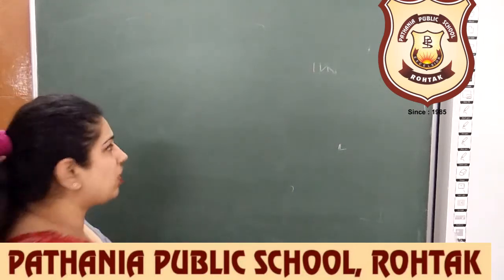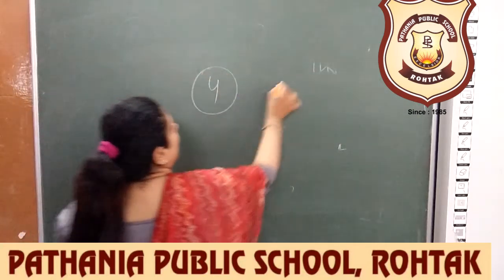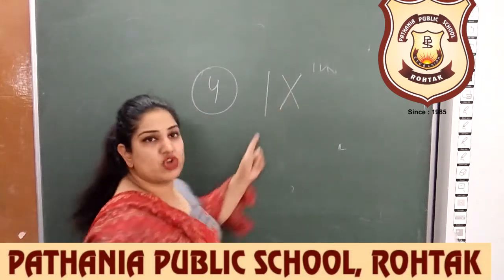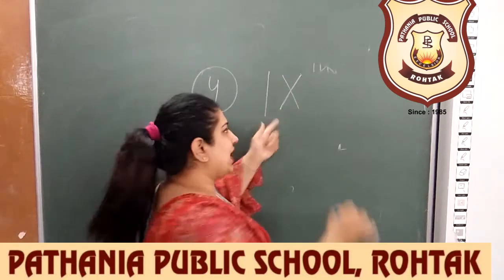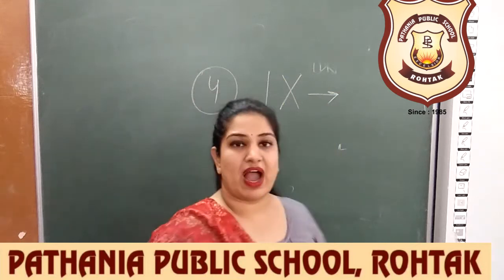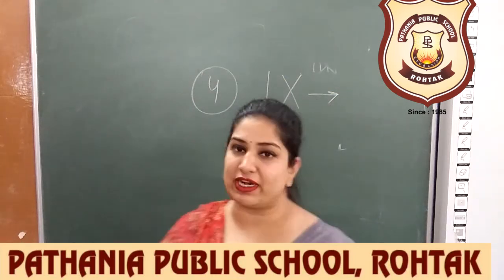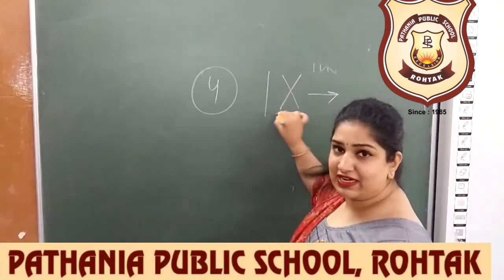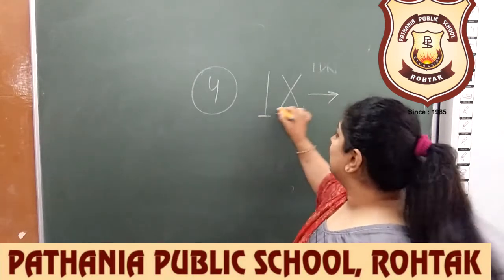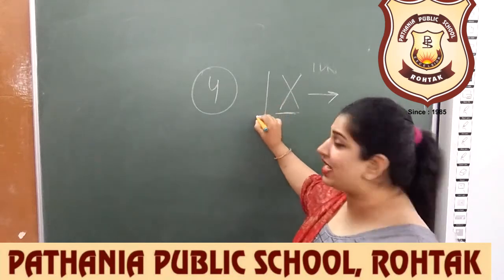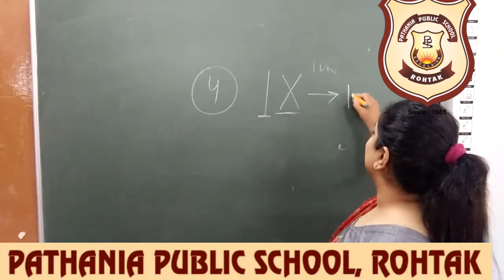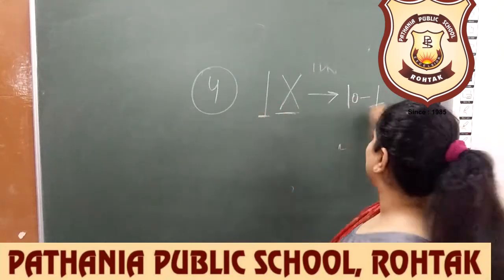Now the fourth rule: if the smaller symbol is placed on the left hand side, you have to subtract the smaller symbol from the greater. This is greater, this is smaller, and now the smaller is on the left hand side, so subtract the smaller from the greater.